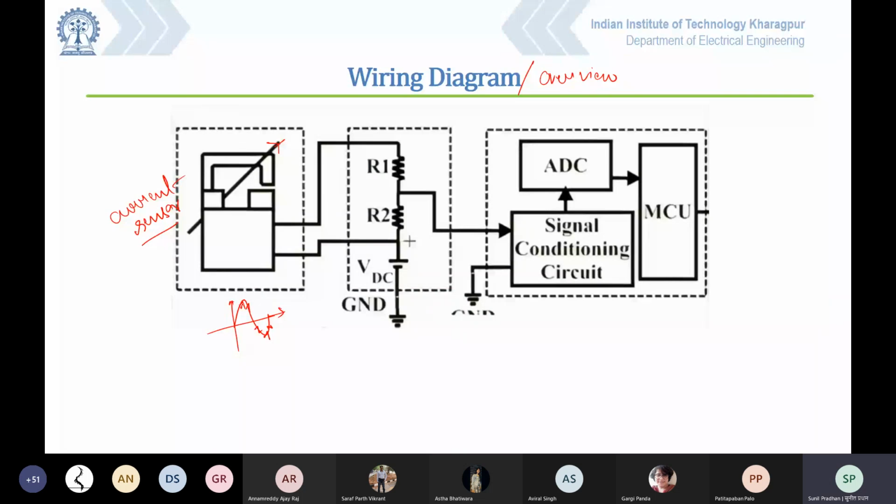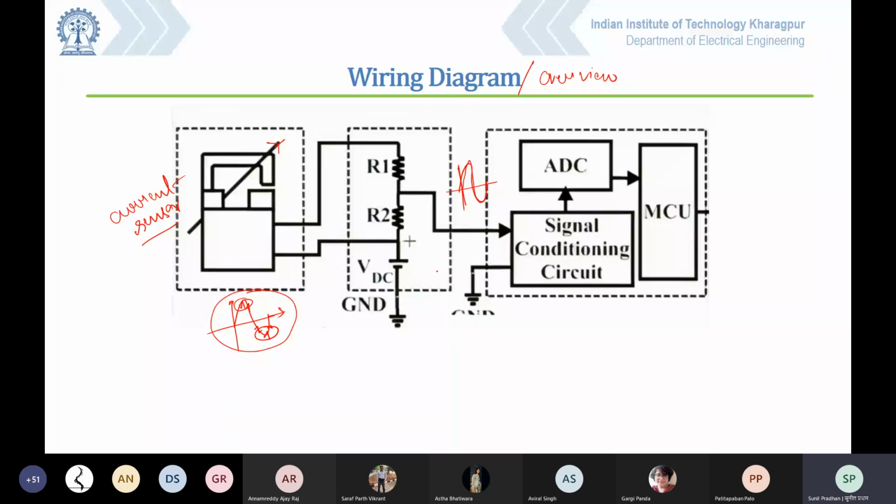So to filter all this, I need a signal conditioning circuit. Once I pass this signal through my signal conditioning circuit, I will be getting a smooth sine curve. This is my current signal, not this one, because here I have a lot of noise.